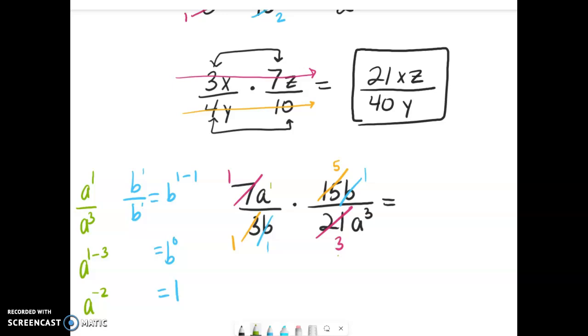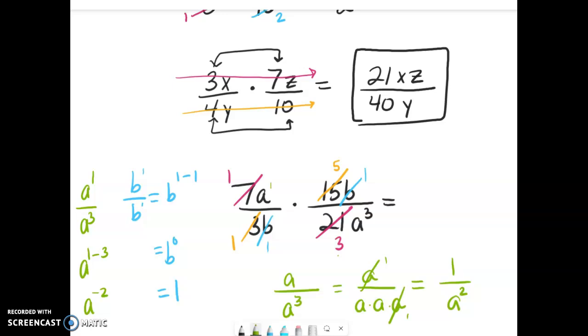So I could also look at this a different way, and I could say, well, I'm just going to write it over here. Looking at just this, this is a over a times a times a. So one of the a's would cancel out, and I would be left with 1 over a squared. So that is another way I can look at it.